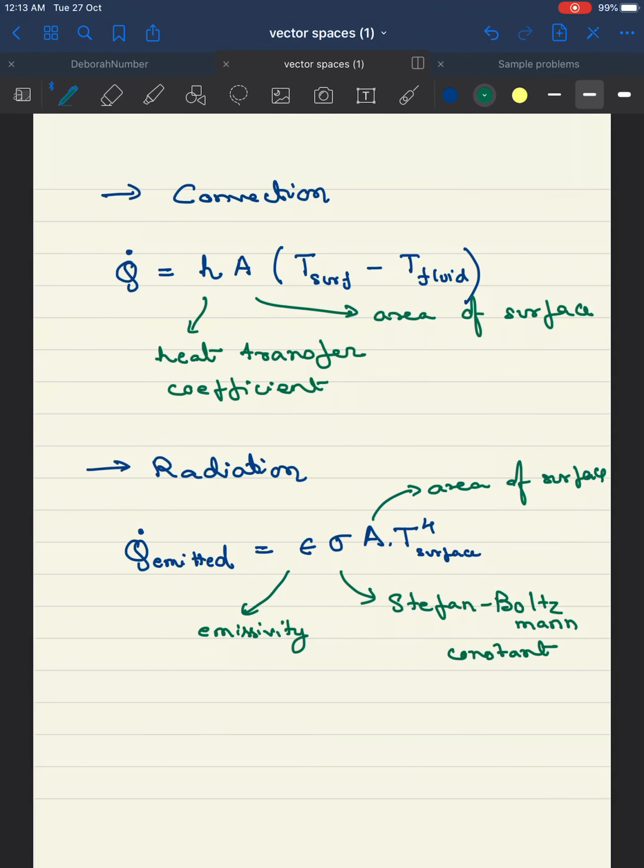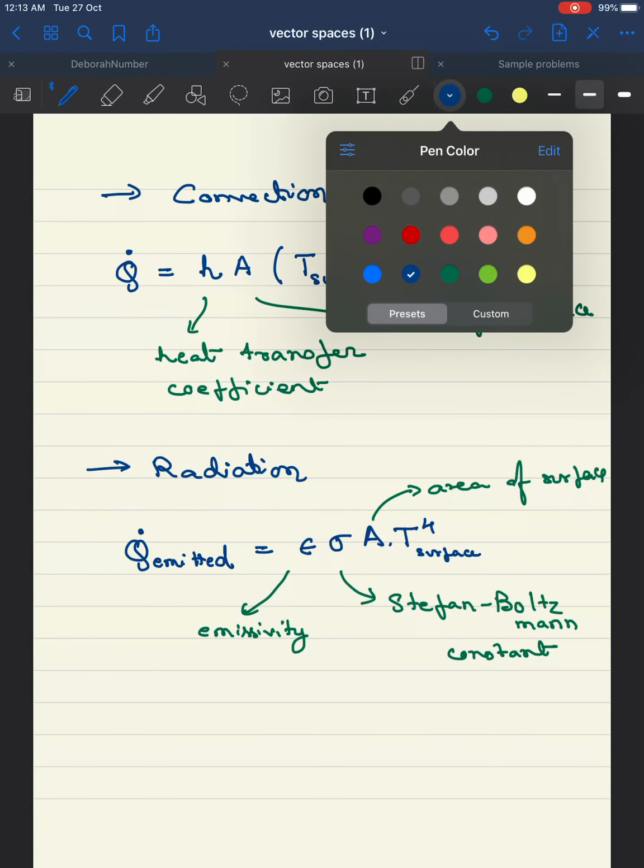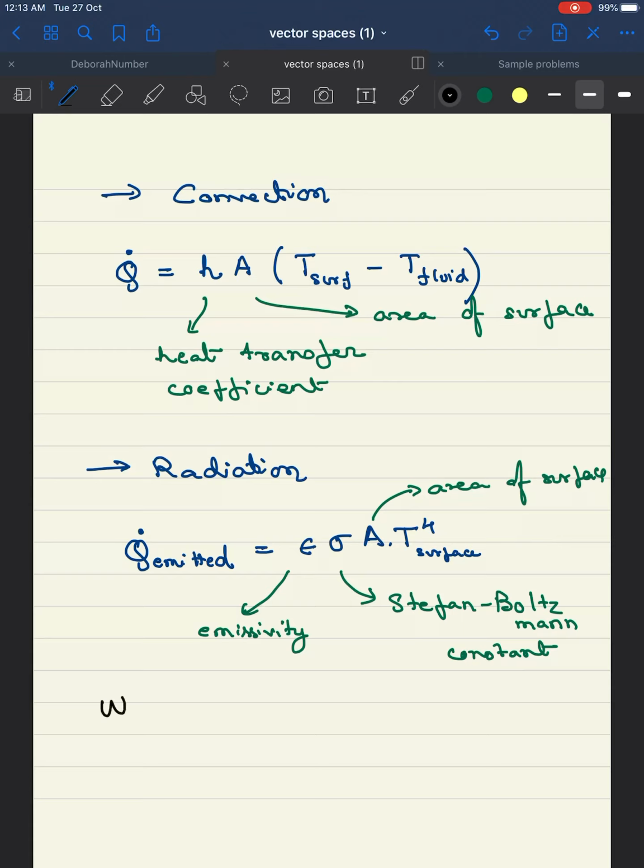So, work done W. In most cases that I have seen, the confusion with the work done arises with regards to the sign of the work done.